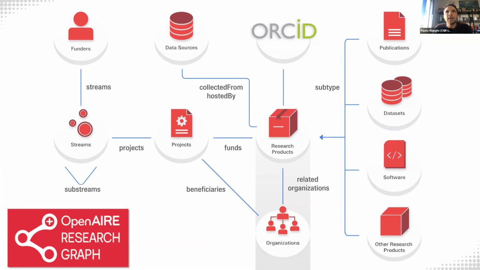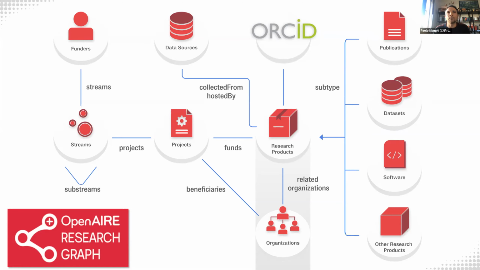We don't make any preference. And we relate to organizations, meaning the organization of an author of a research product, where the connection with the author itself may not necessarily be present. We keep information about the data sources from which we collect, or the data sources that are hosting the research products, so those from where you can download the products. And where possible, we have links to projects, sub-streams, and funders.